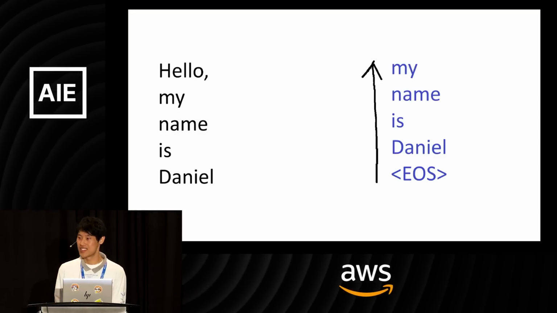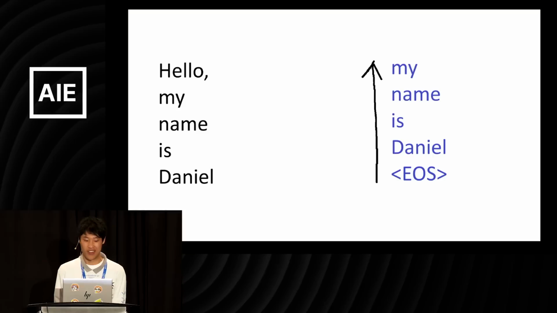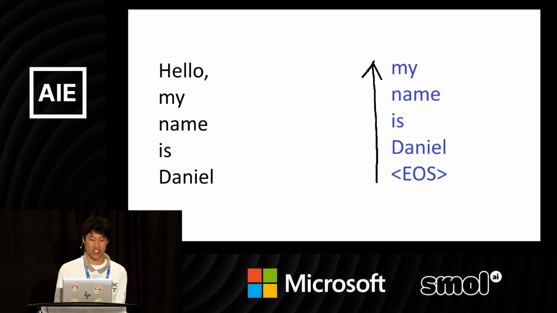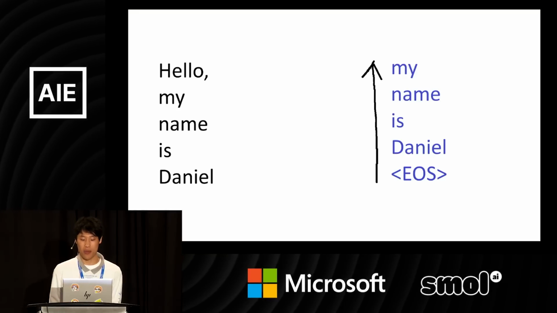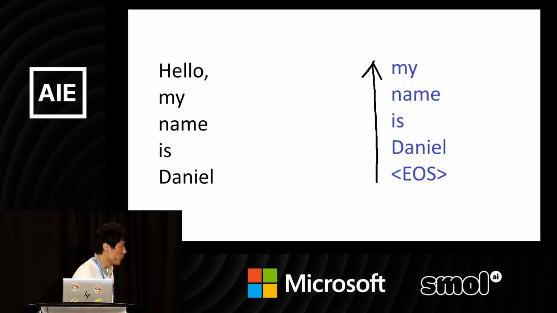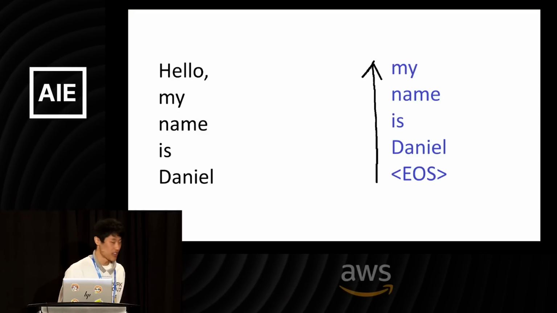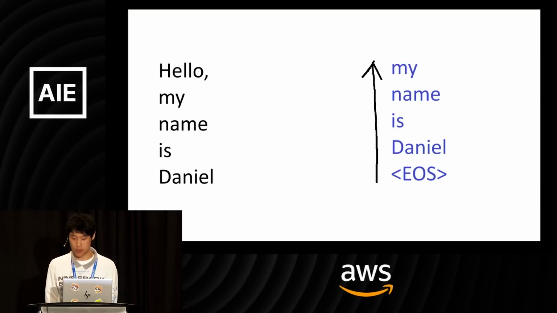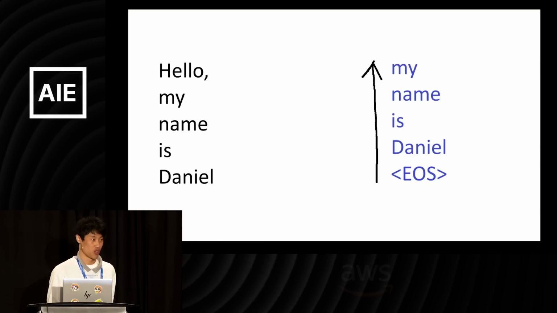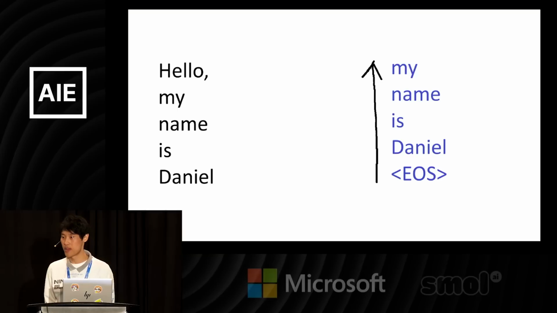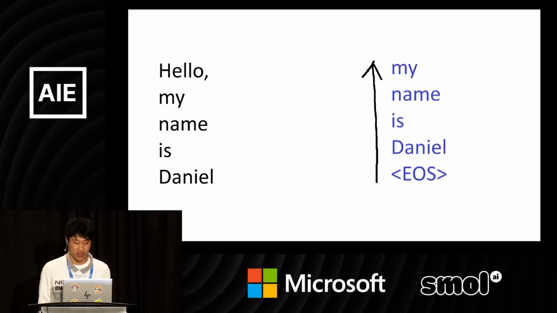What happens if you take hello, my name is Daniel, and shift it up by 1 place? Hello is now aligned with my, my is aligned with name, and so on. Then there'll be a gap at the very bottom, so we put EOS, the end of sentence token, there. Machines do not like gaps, and you must use all numbers. That's the reason why we did that.